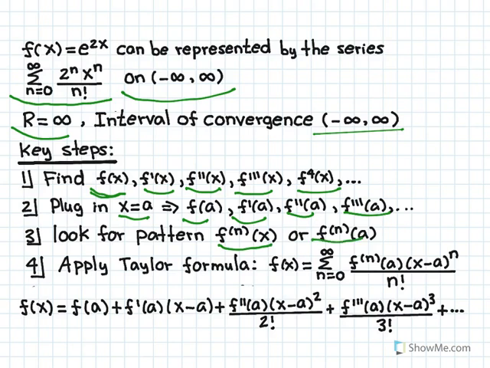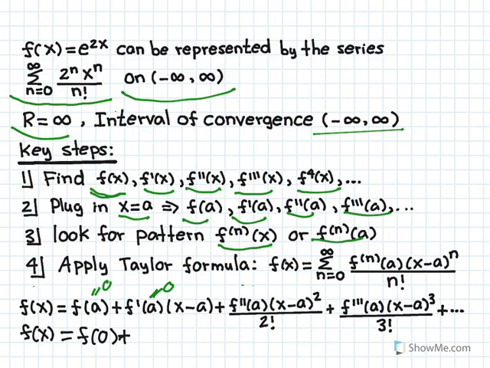Then we just plug it into the Taylor series formula, the summation n equals 0 to infinity of the nth derivative of the function evaluated at x equals a times x minus a to the power of n divided by n factorial. And if we have a Maclaurin series, then a is equal to 0. So if you have a Maclaurin series, all we do is plug a equals 0 wherever we see an a. And then the Taylor series becomes a Maclaurin series.